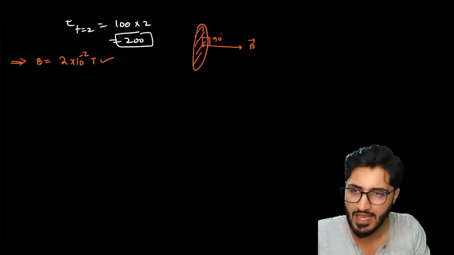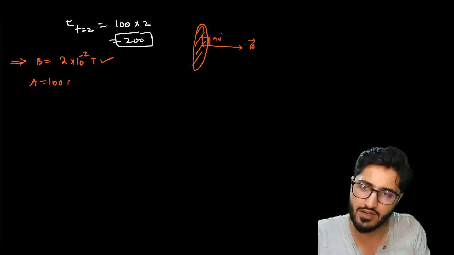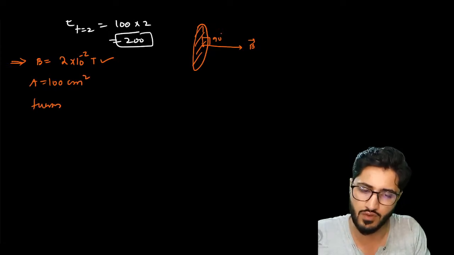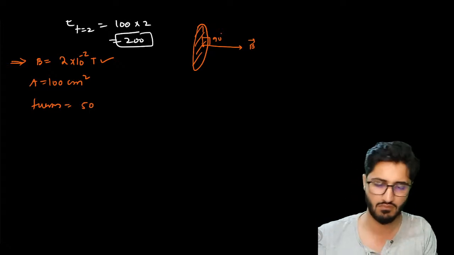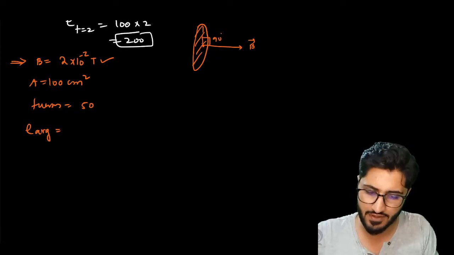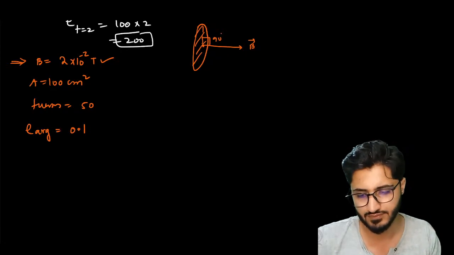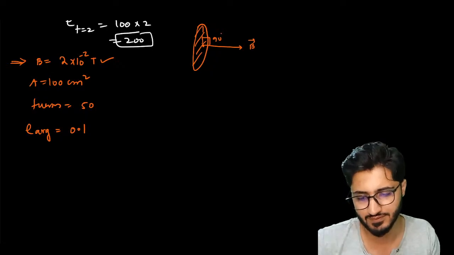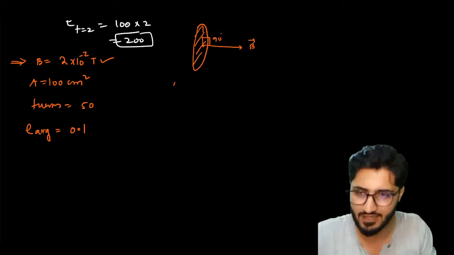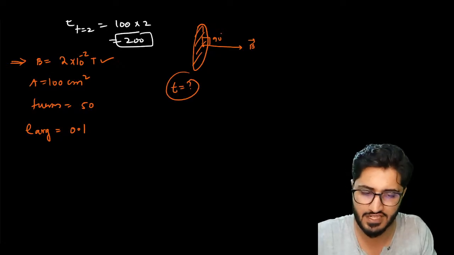Done. And my area is given as 100 centimeter square, and turns given as 50 turns, right? And E average is also given as 0.1. So find the value of time in which it will become 0.